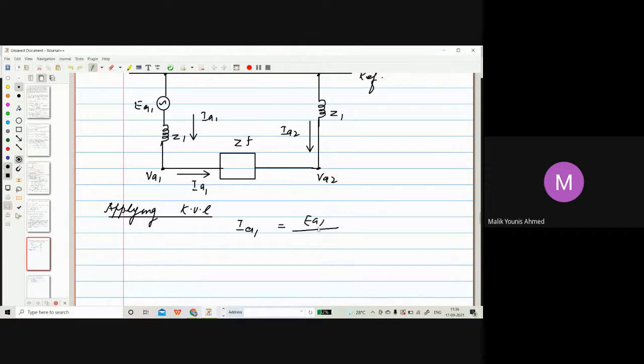Zero sequence is missing here. So we have positive, negative, and we have fault impedance. So in this case, zero sequence is not required.